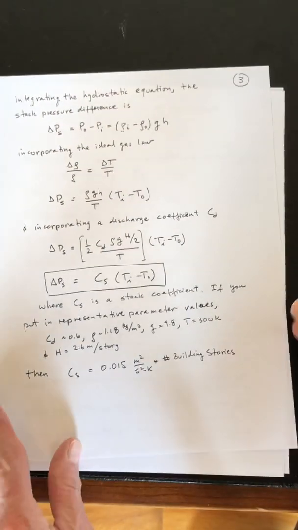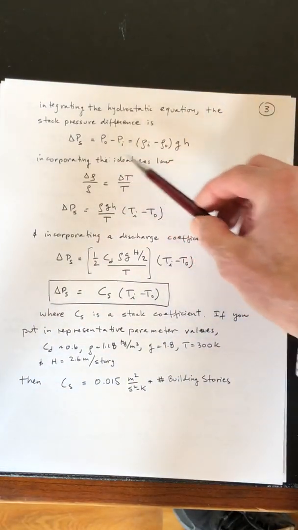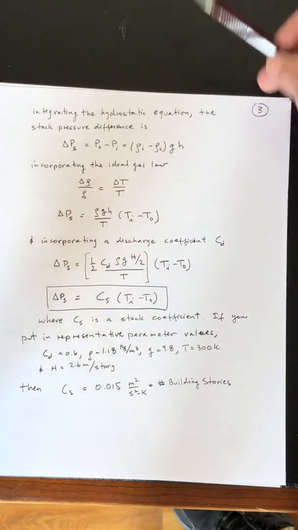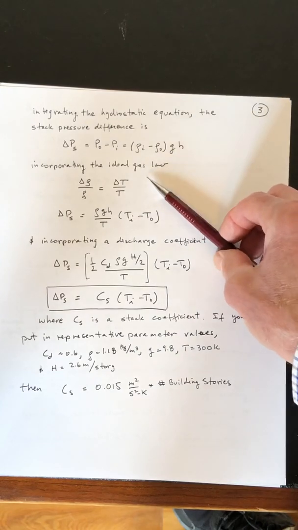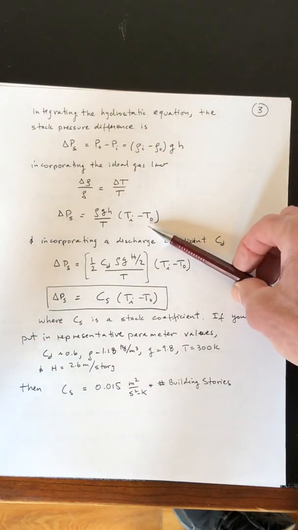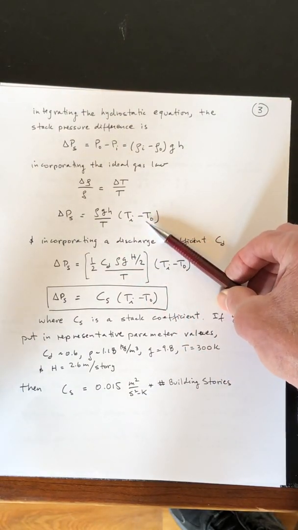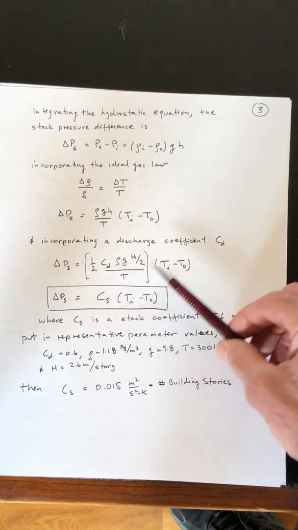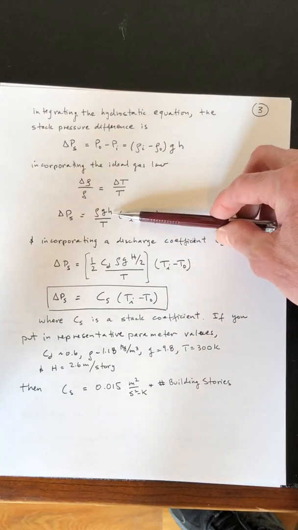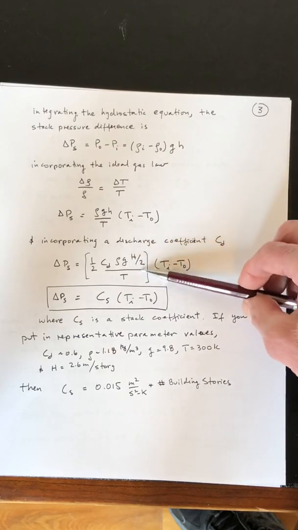We can get an expression for the pressure difference by integrating the hydrostatic equation, and then we incorporate the ideal gas law, and that will give us an expression for the pressure difference in terms of the temperature difference. And then we incorporate a discharge coefficient to add real-world effects across the cracks. And we also incorporate the fact that the neutral height h, that's here, occurs basically at half the height of the building.